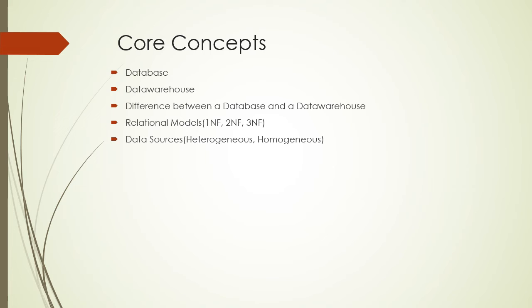Back in 2007, the data sources were mostly tables and flat files and all that stuff, which we used to call homogeneous sources. So you have different kinds of sources, which we used to call homogeneous. Why do I say they're homogeneous?